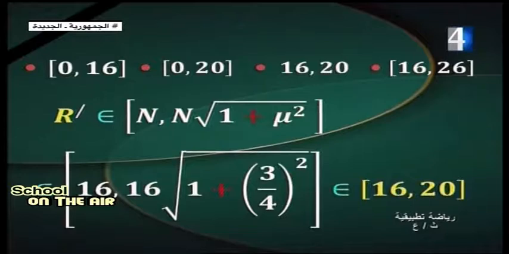Remember, my dear student, N is the normal reaction, R' the resultant reaction. μs, meaning the coefficient of static friction, equals what? F over N. Then R' belongs to the closed interval from the normal reaction N to N square root of 1 plus μ squared.